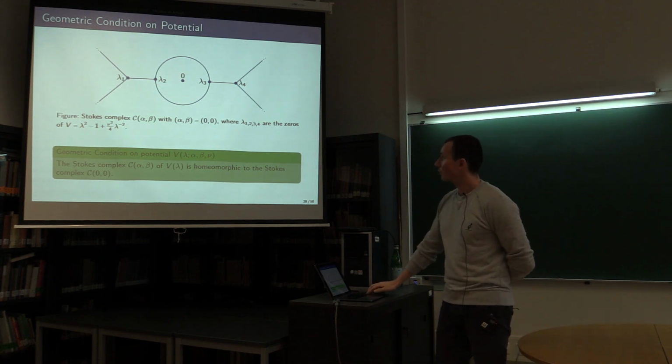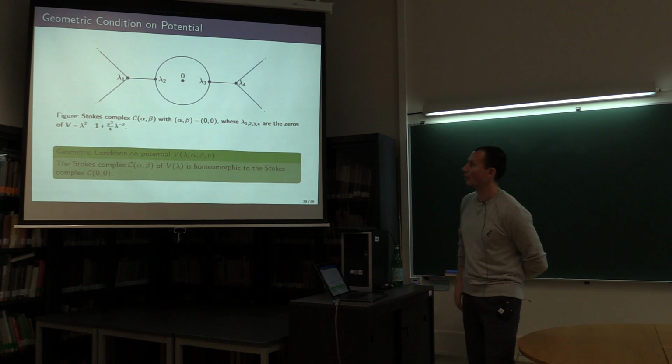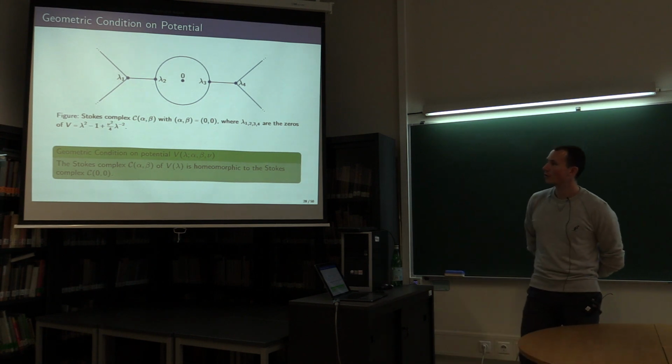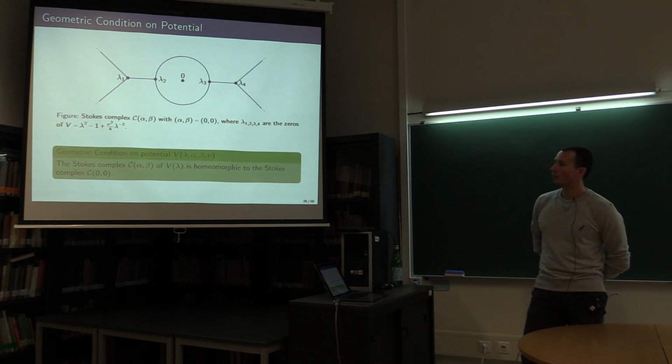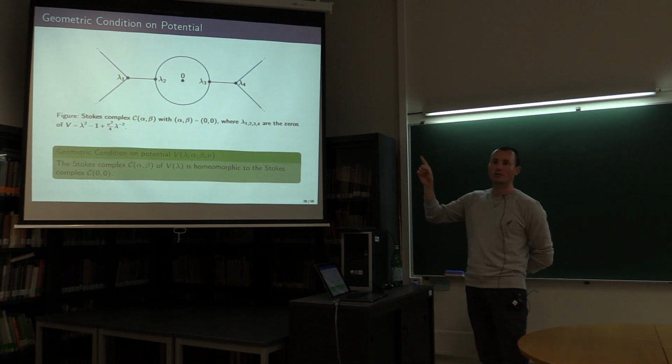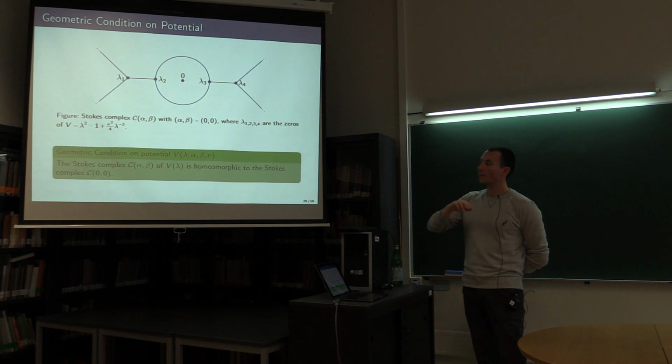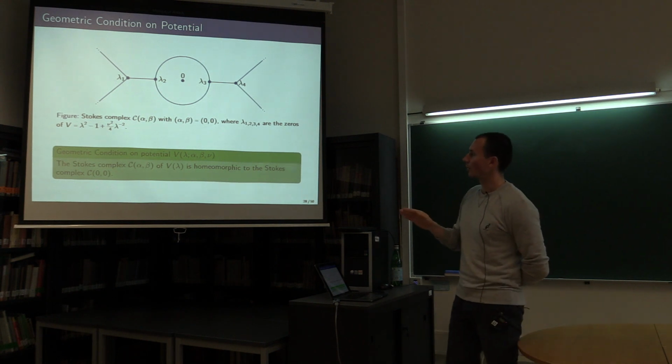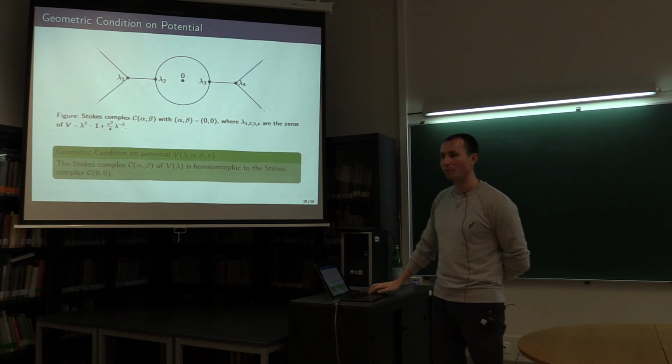And now the first condition that we have to impose is that the Stokes complex of the potential is homeomorphic to the one you see here, near alpha, beta equal to 0, 0. So this is one of the conditions of the model problem.